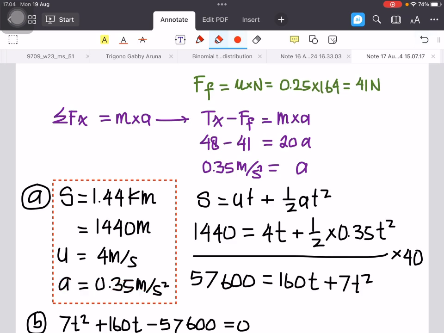So using one formula in kinematics, S is equal to U times T plus half A T square, we can show the equation asked in the question. So 57,600 is equal to 160T plus 7T square. So it's shown.